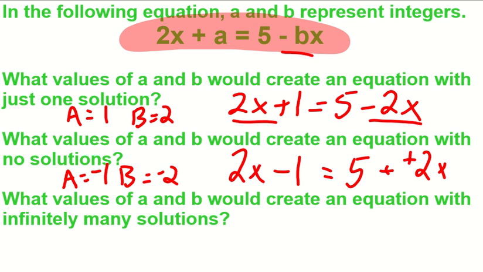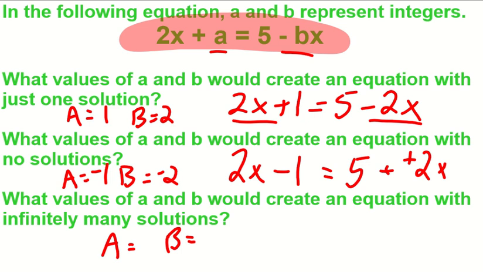All right, so then for infinite solutions, what would A and B have to equal? This is the one where we need an exact number for both A and B. All right, so A is the constant.